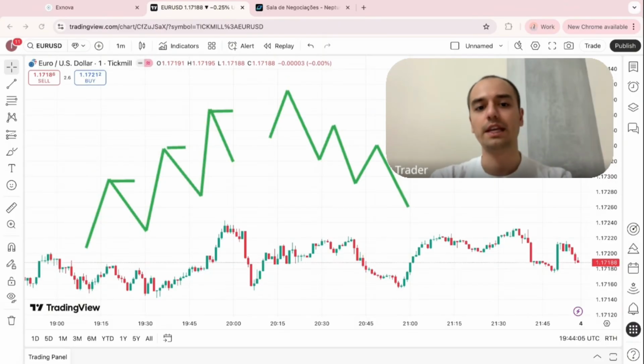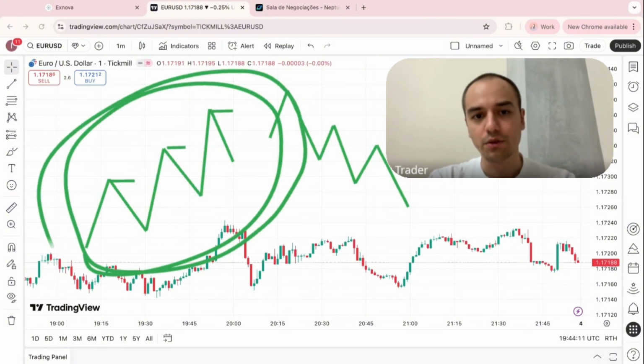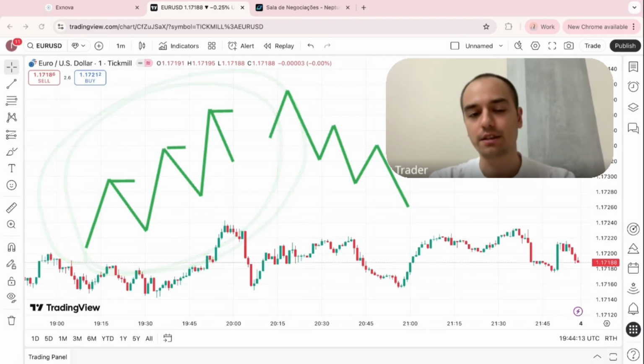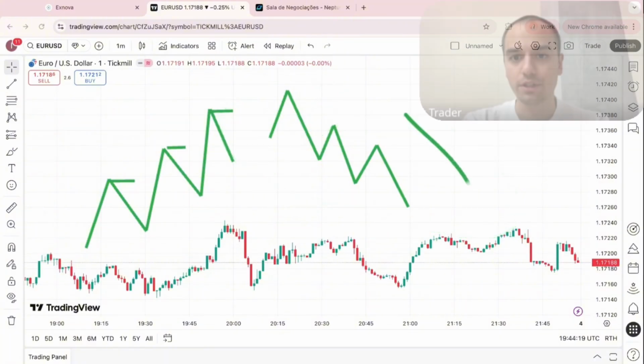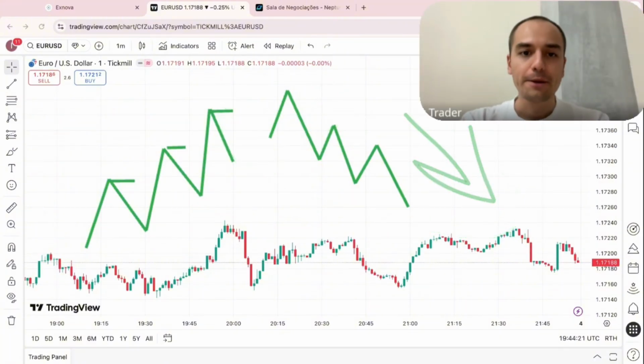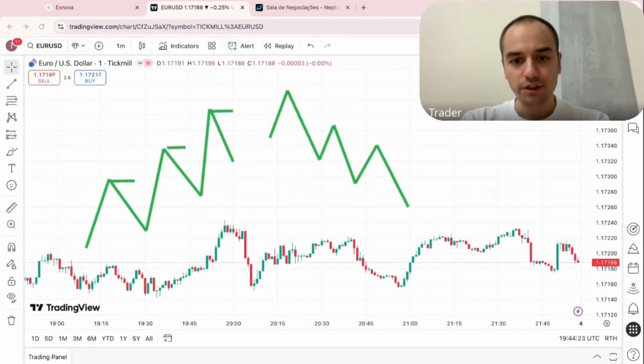Obviously, if we are in the uptrend, we would be looking for buy trades, and if we are in the downtrend, we are looking generally for trades to sell. That's for you in general.